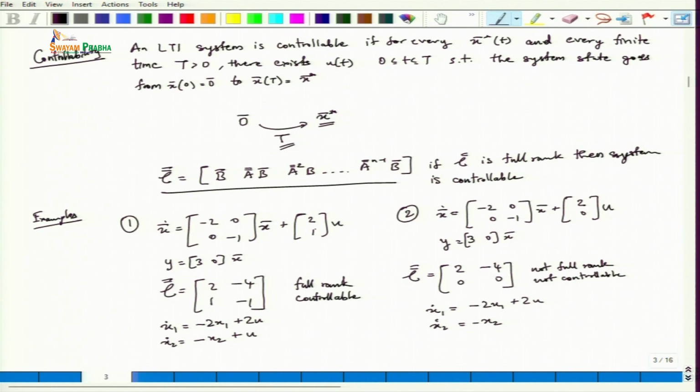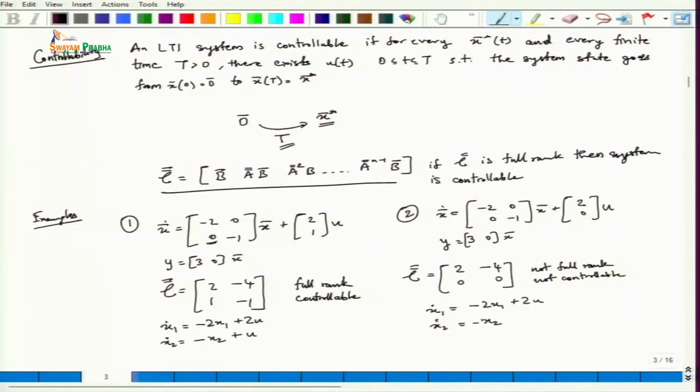Now, is that particular part being 0 the reason that this system is uncontrollable? In this example 2, you can see that u is not directly making any contribution to the state differential equation for state 2. So is it the case that only when this term is 0 the system is not controllable?